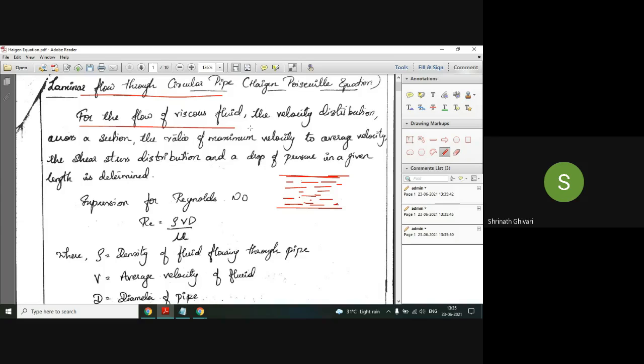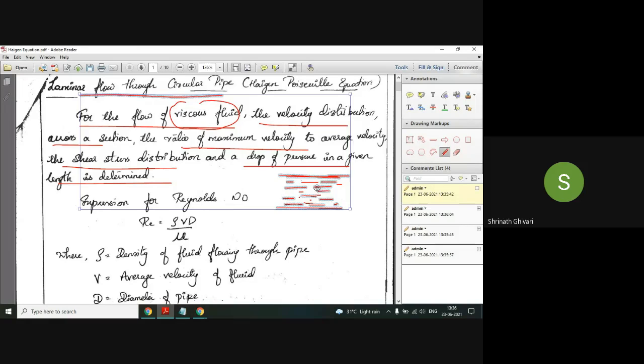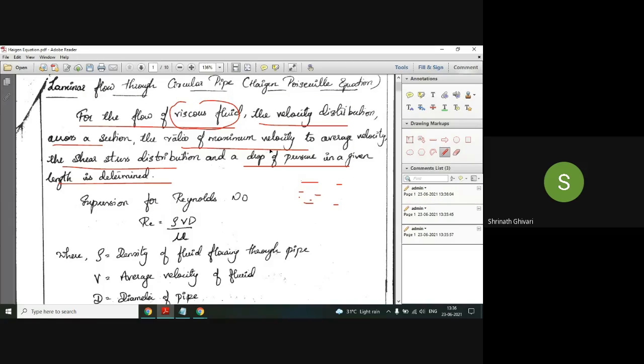From this derivation we are going to determine the velocity distribution across the section of the pipe, the ratio of maximum velocity to average velocity, the shear stress distribution, and the drop of pressure in a given length. If this is the pipe, what is the average velocity flowing through each layer of the fluid, and what is the maximum velocity?